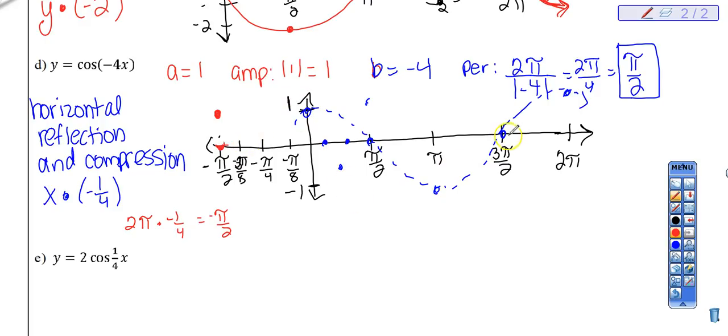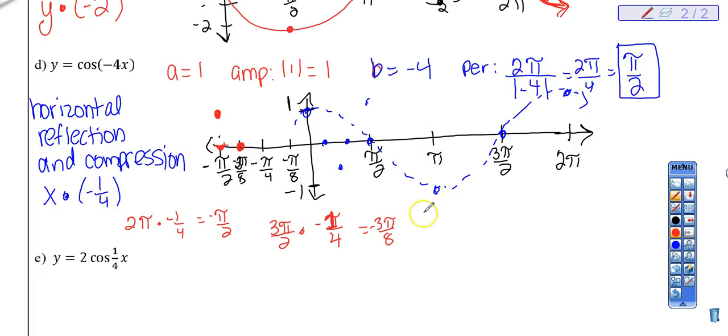Okay. 3 pi over 2. We're going to take 3 pi over 2 and multiply that times negative 1 over 4. So that would be negative 3 pi over 8. So I'm going to take this point at 3 pi over 2 and reflect it over here and condense it to negative 3 pi over 8.